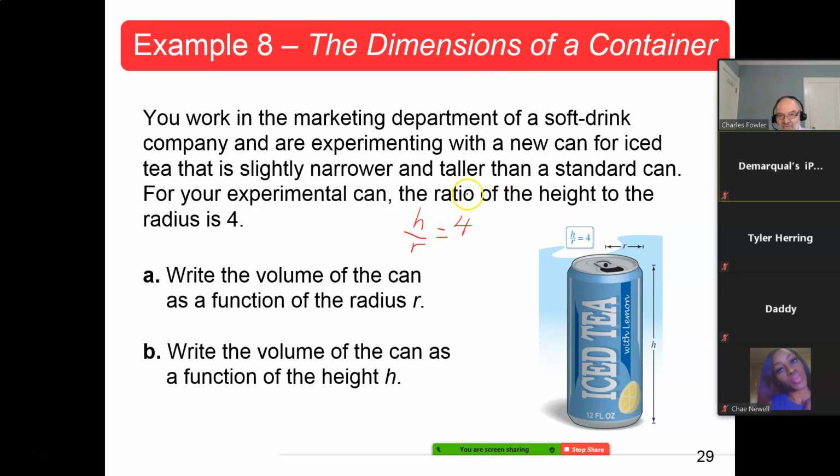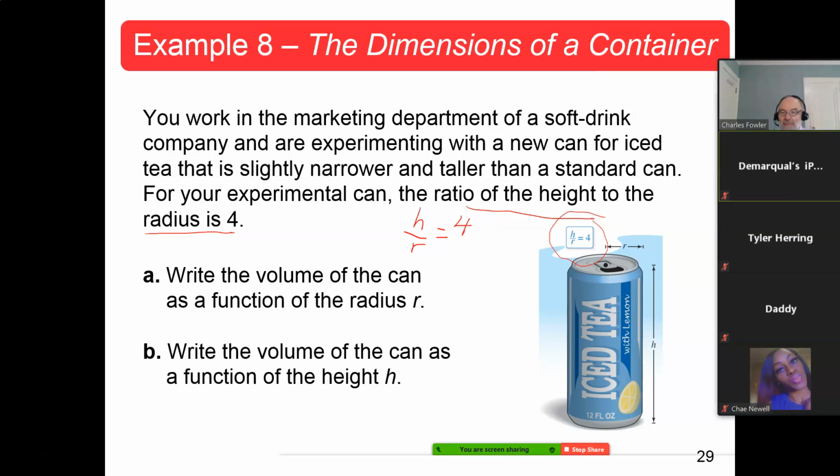I took this sentence here: the ratio of height to radius, h over r, translates as equal to 4. And that's exactly what they've written here. They just sort of snuck it in there. Okay, that's important to this problem.